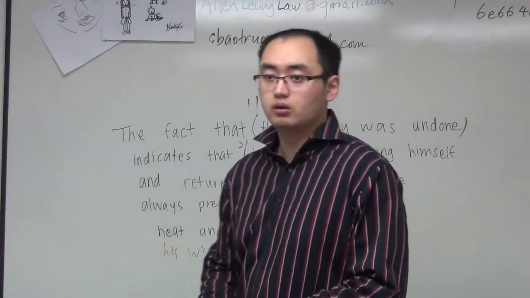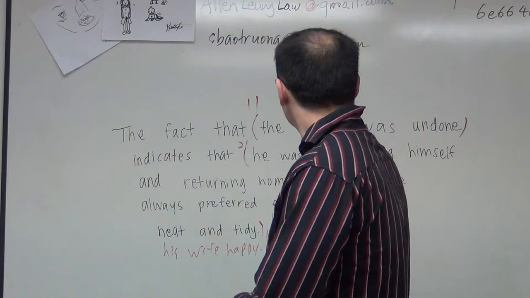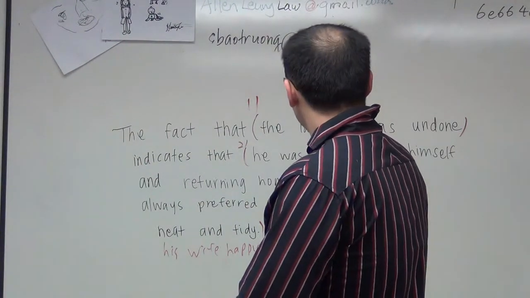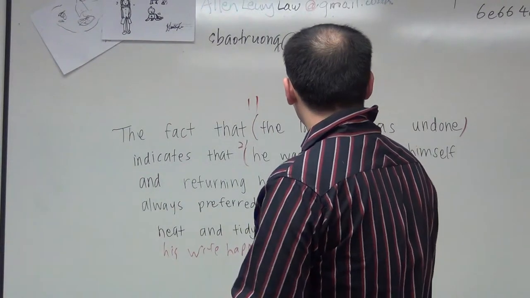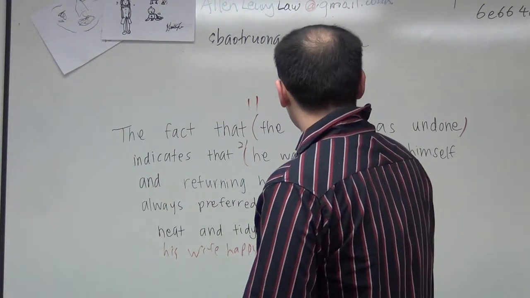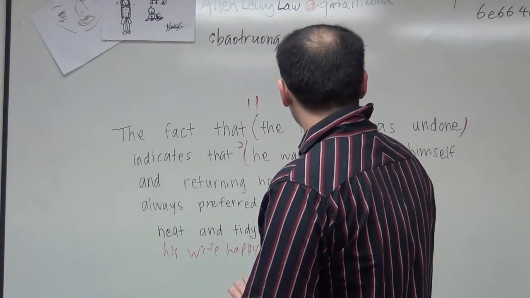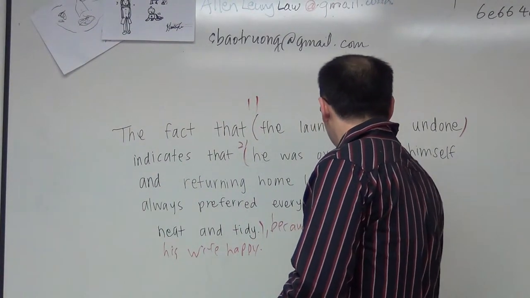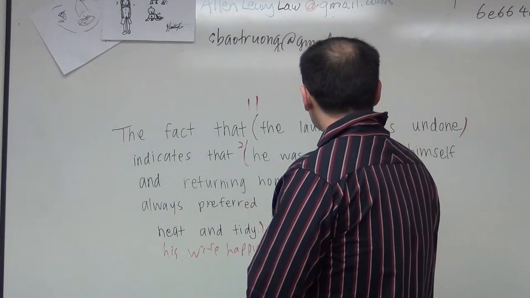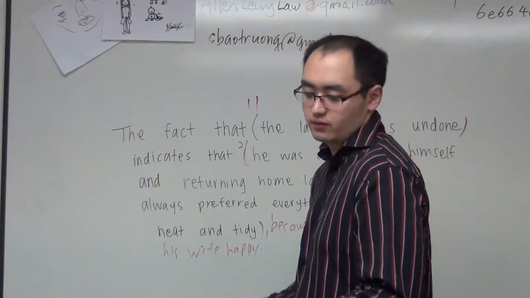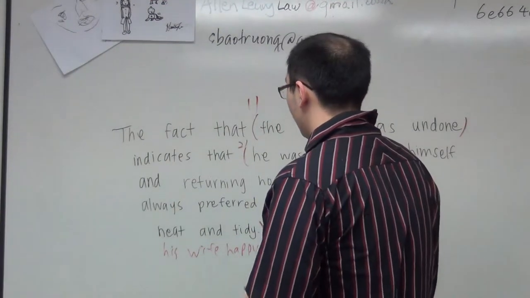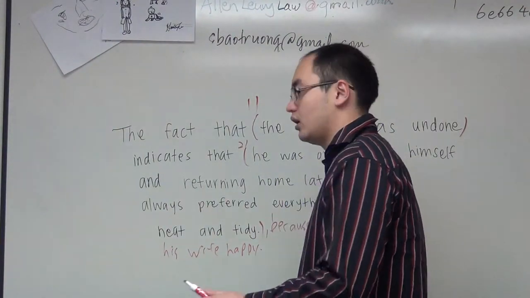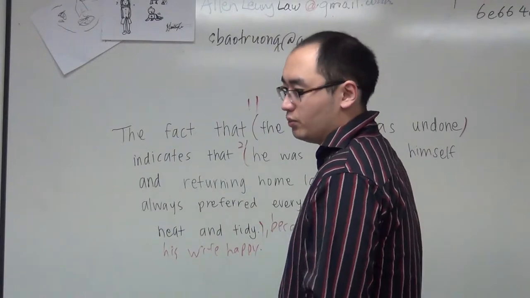Okay, so let's see. Any way to make the verbs more active? I think probably that's the next step, right? Was undone. The fact that he always preferred. We have neat and tidy. Sometimes after we finish the first draft and we're revising it, we go back to the essay and look for to be verbs.